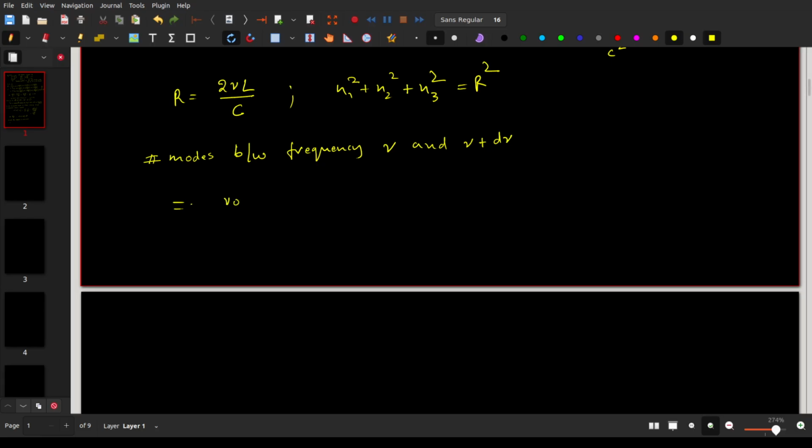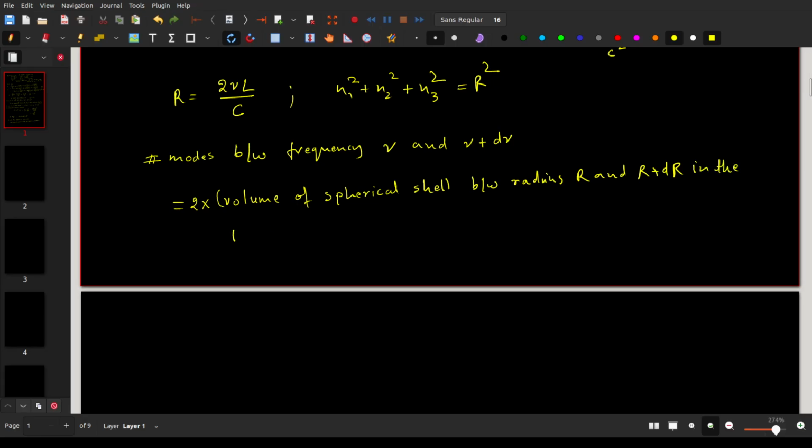the volume of, first of all we will have a factor of 2 because there are two solutions corresponding to each non-negative n1, n2, n3. So 2 times the volume of a spherical shell between radius r and r plus dr in the positive quadrant.